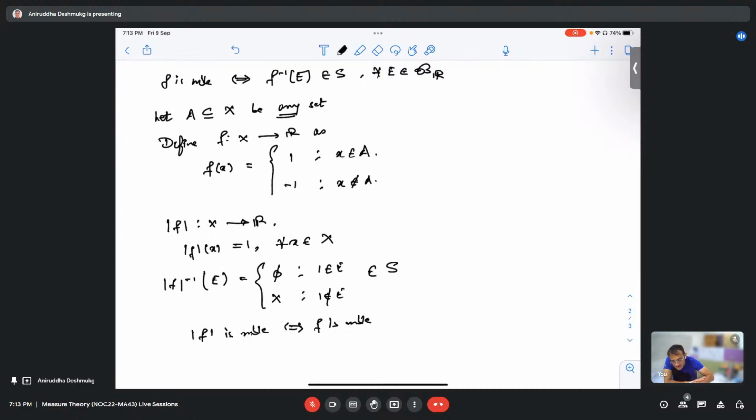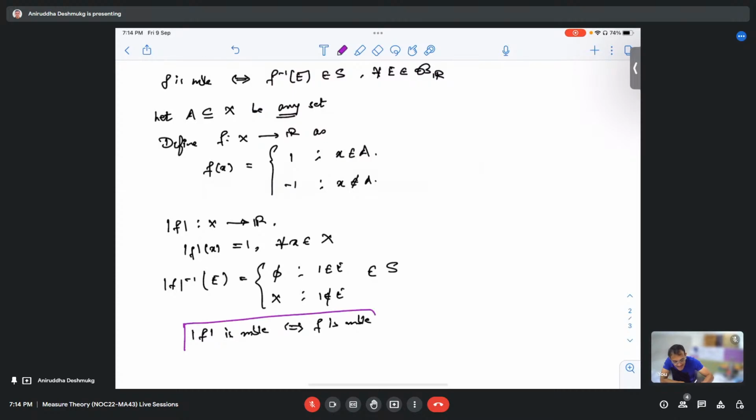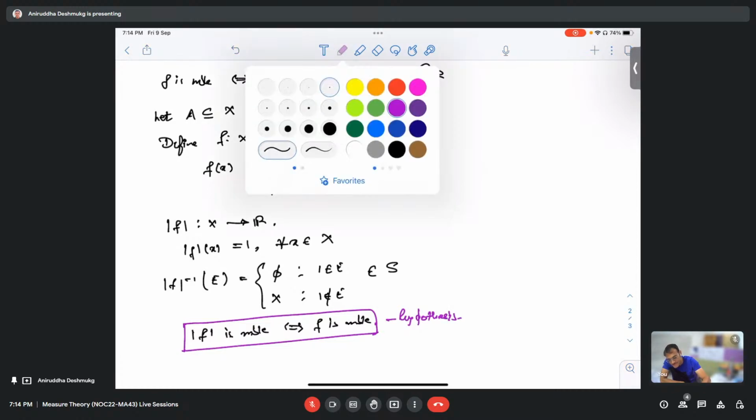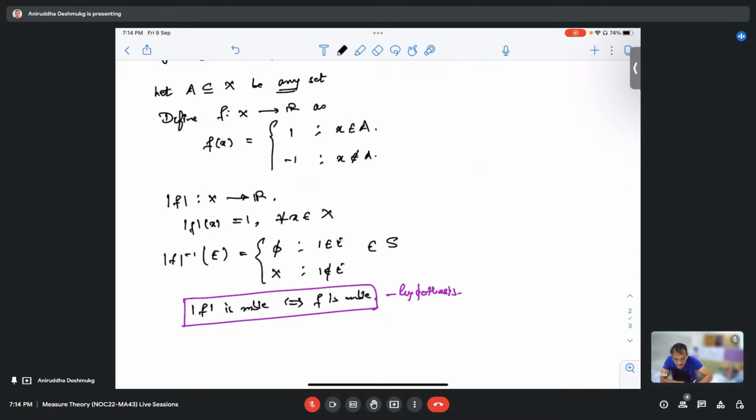I have not defined a function such that this happens; this is my hypothesis.